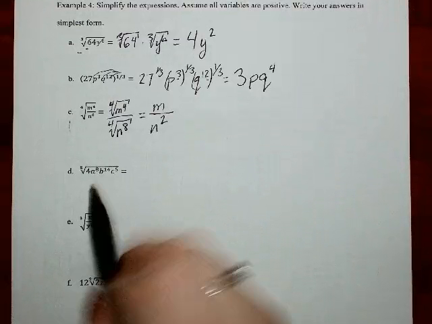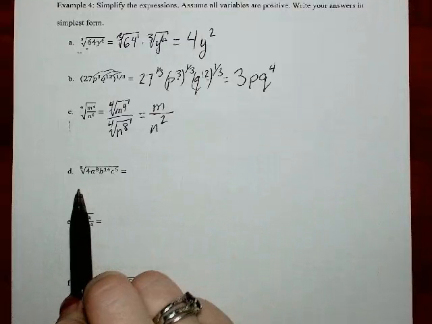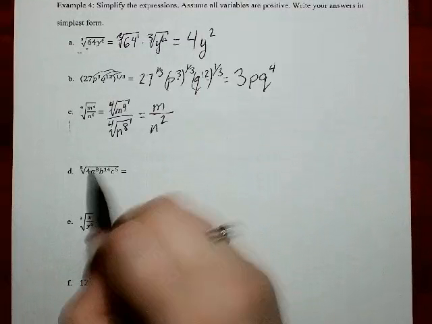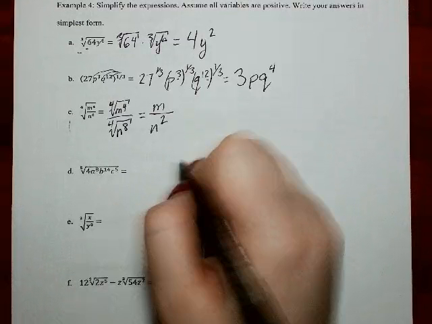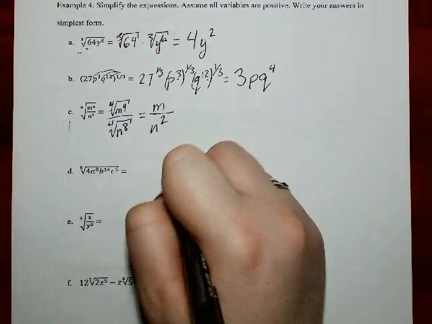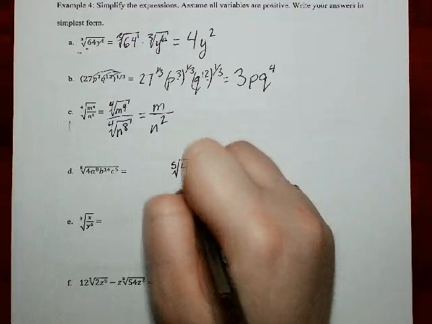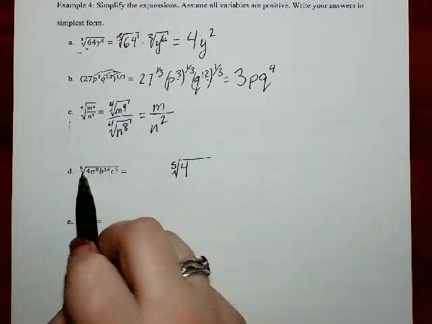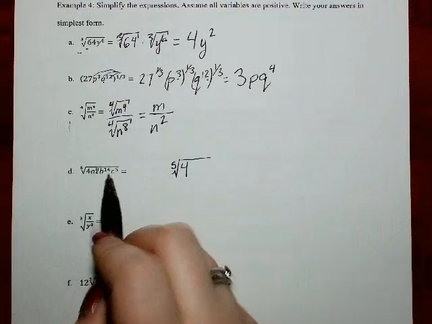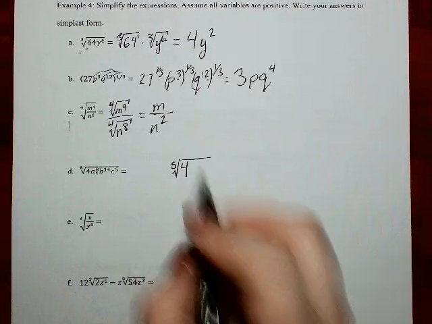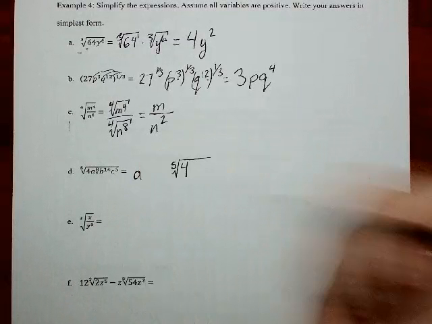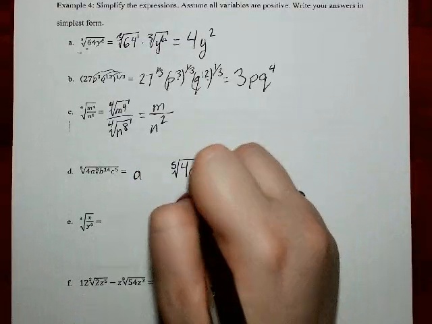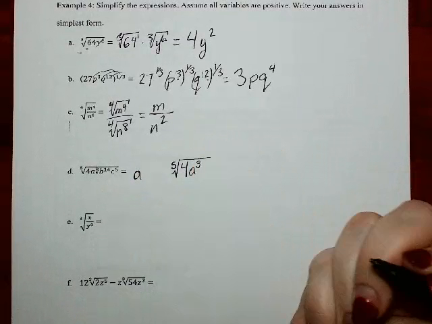Now, here is a little bit trickier because we have a 5 here. We cannot take the 5th root of 4, so that 4 is going to stay under there. Now, 5 goes into 8 once, so we are going to put 1 a out here, and there are 3 left over, so we're going to leave a to the 3rd under there.